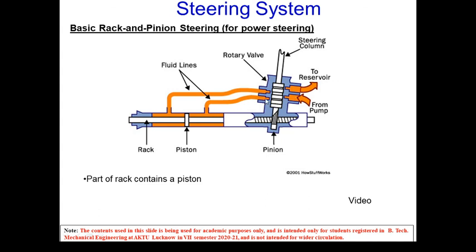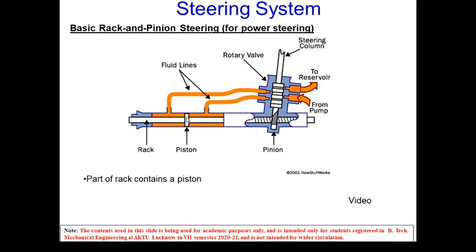When this valve is opened, we have a high pressure fluid. Say the driver is turning it to such a side where this port will be open. While opening this port, the high pressure fluid enters this system, and this will push the piston to move to the left side. This enables the driver to apply less effort, because about 90% of the effort is applied by this high pressure fluid.